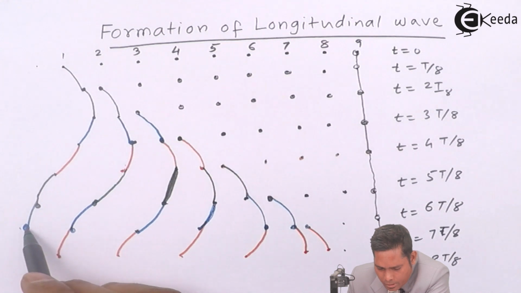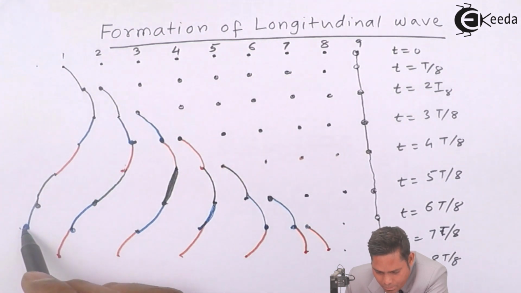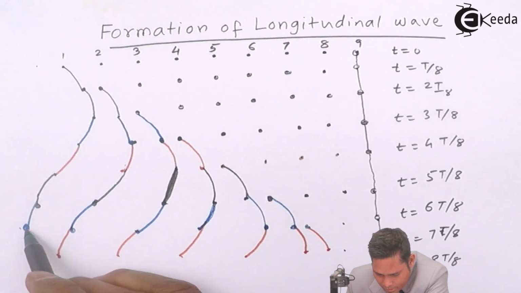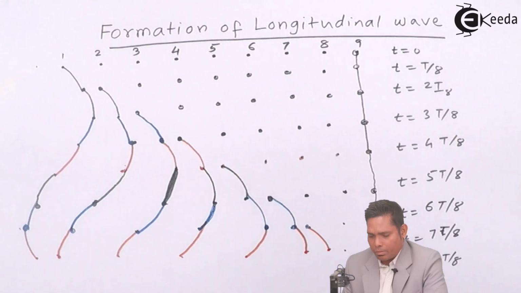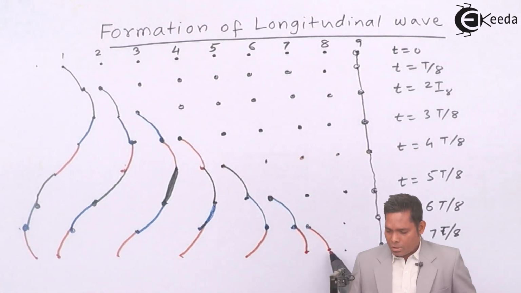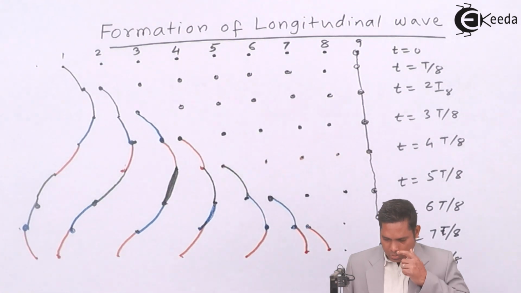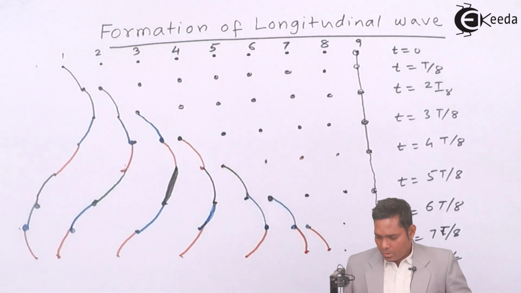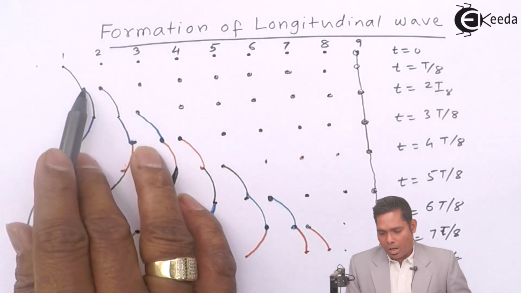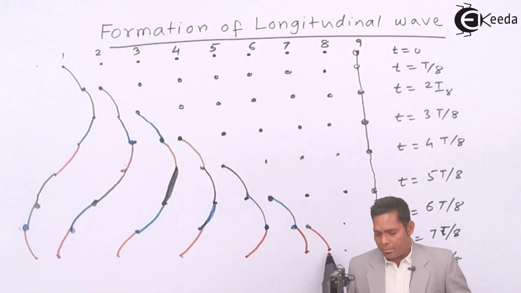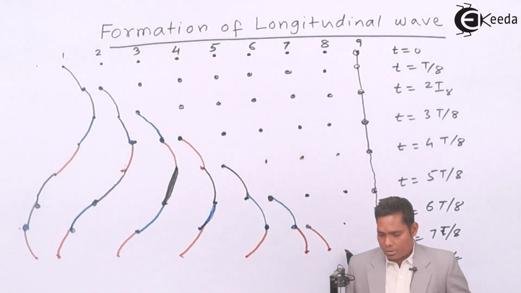This point is at the maximum position on the other side, so it will come to midway, half of that, somewhere here. So this will be like this, and when this particle reaches here, half of that, this is about to receive the oscillation, because each time this completes T by 8 time, the nearby particle also receives the disturbance.